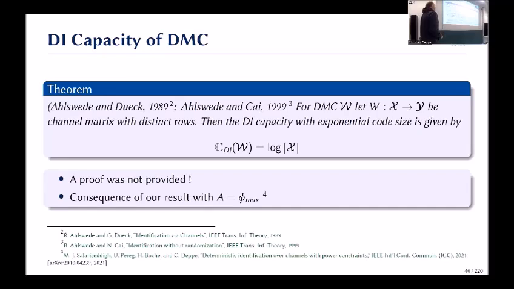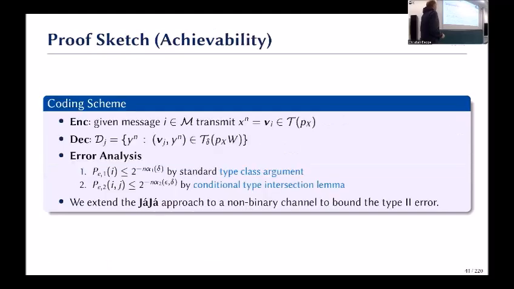Later, Ahlswede and Cai generalized this model for a compound channel, but they based on this result. So the basis for their result was this result, and so this paper is only true by using really this result. So the idea of the achievability is very similar to the result of Gaia.